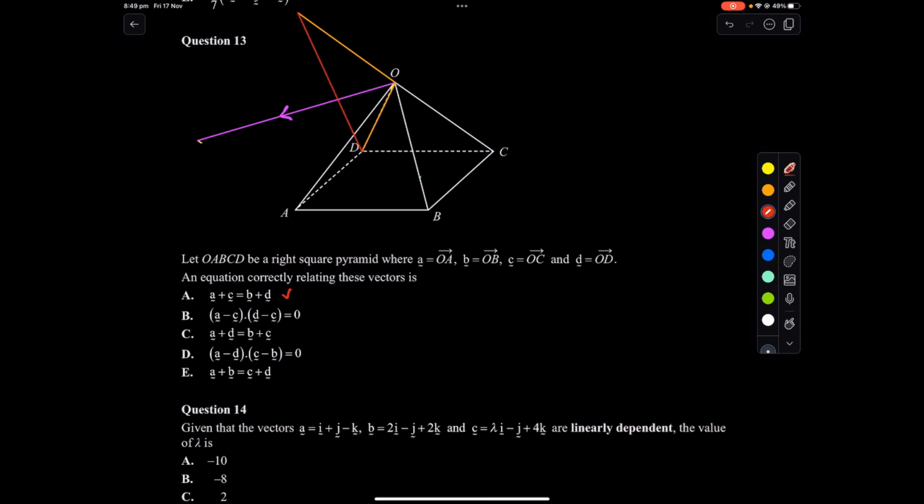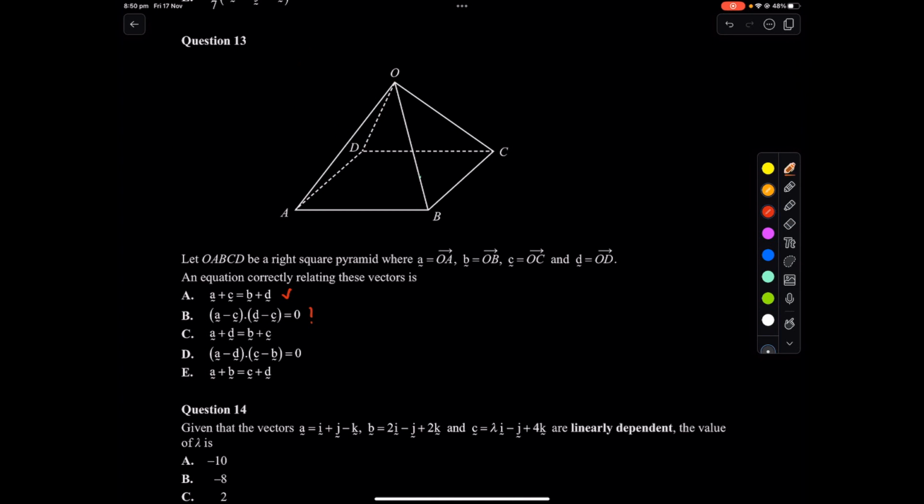Now, are they at right angle to each other? This red vector, is it at right angle? Well, can you say that? I don't think so. They look like less than 90, but we'll keep that with a question mark. So I know A is absolutely right because they were on top of each other.